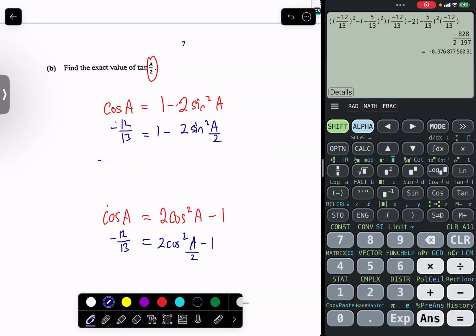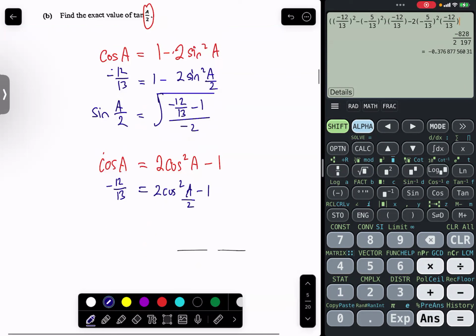Okay, so sin A over 2 is equal to the square root of negative 12 over 13 minus 1 divided by negative 2, plus minus, 25 over 26, right?